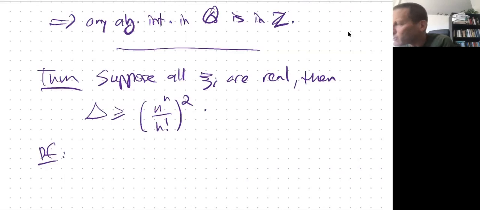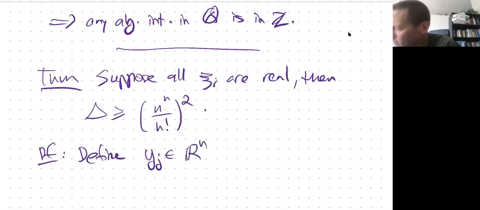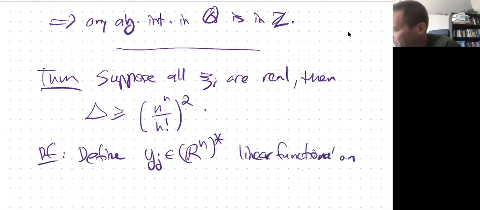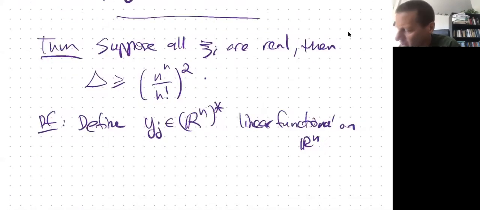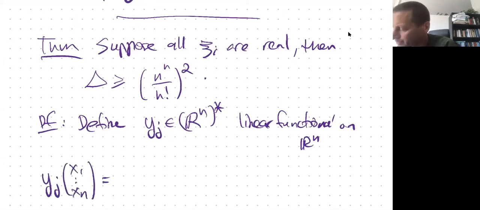So let's give the proof. And this is due to Minkowski. So I'm defining linear forms as in the previous theorem about Minkowski linear forms. So these are linear functionals on Rn. And let me define them using the coefficients of the polynomial.